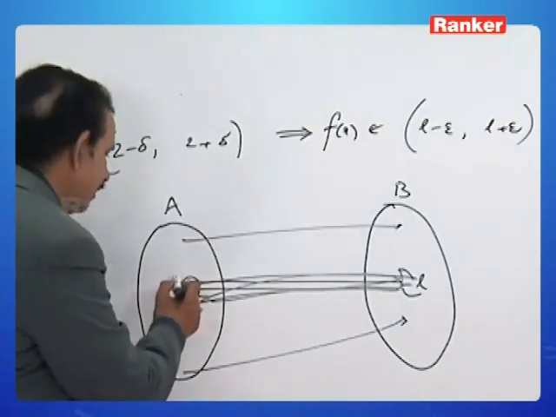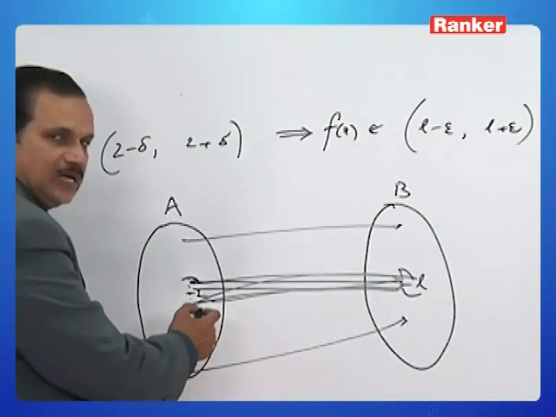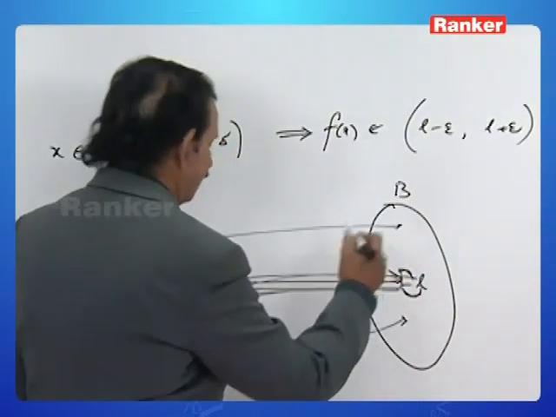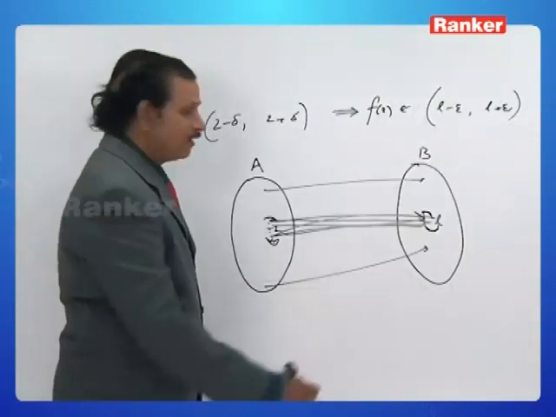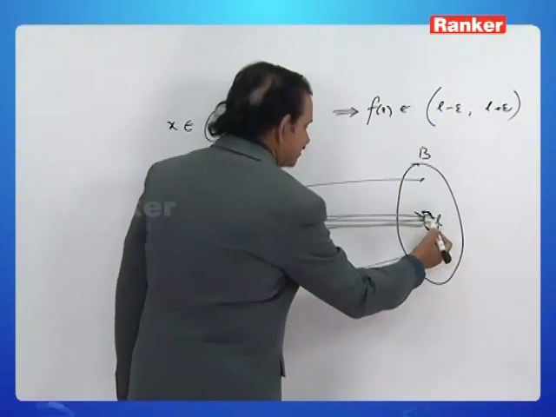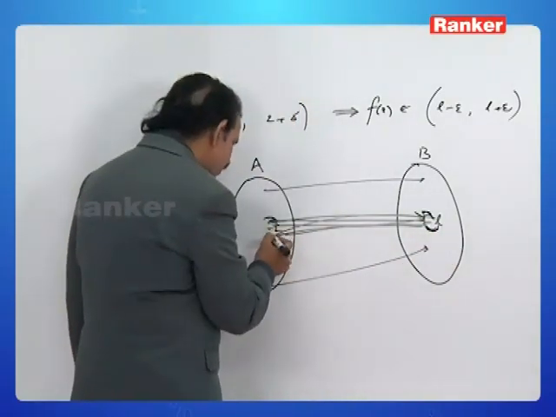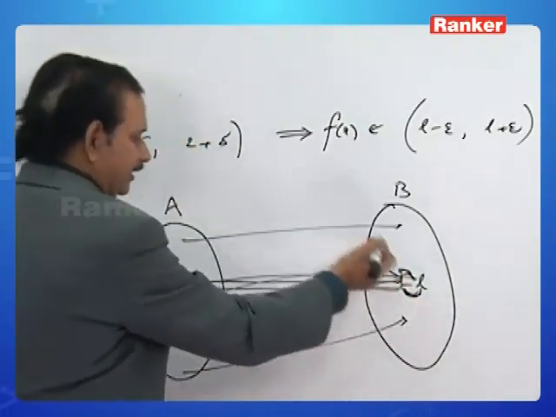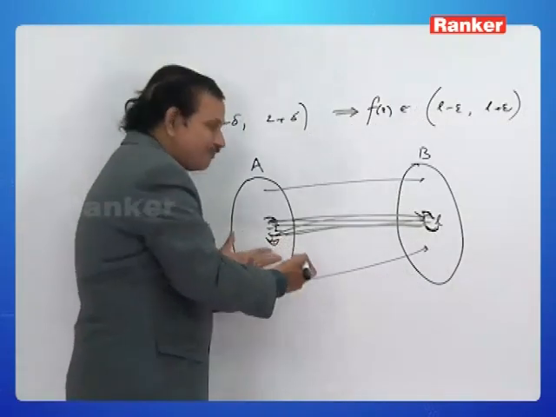For all the points in this neighborhood, 2 minus delta to 2 plus delta, f of x will lie definitely in this neighborhood only. That is the relation between these two. If you decrease the size of this neighborhood, correspondingly the size of the neighborhood will be decreased here. So corresponding to every neighborhood around L, a neighborhood around 2 will exist.